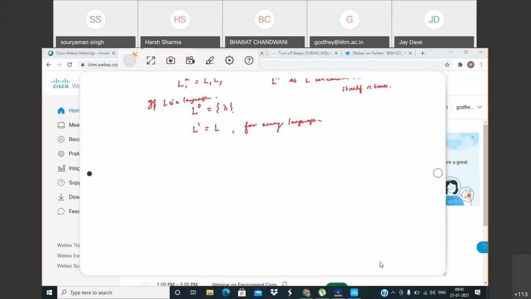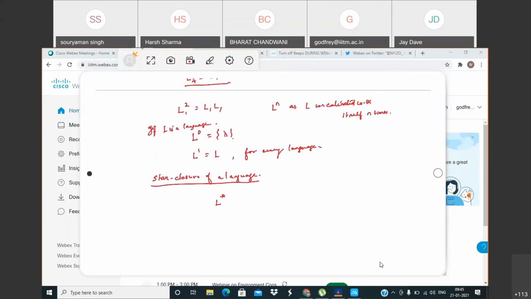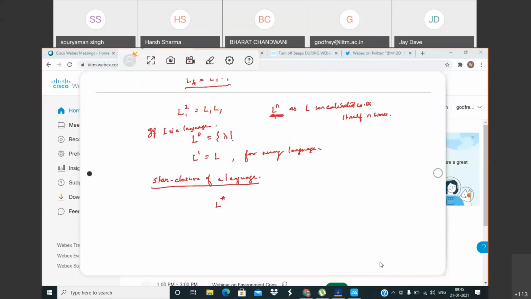Now you also define something called the star closure of a language. What is meant by the star closure of a language? If L is a language, then L power star: we just defined L power 0, L power 1, and L power n.